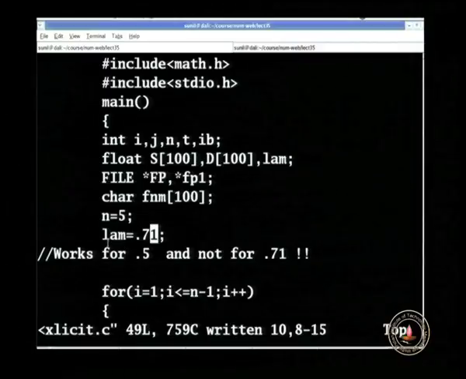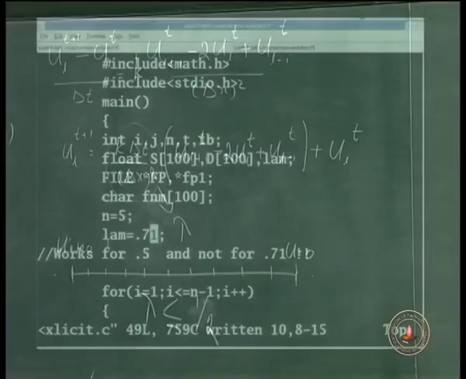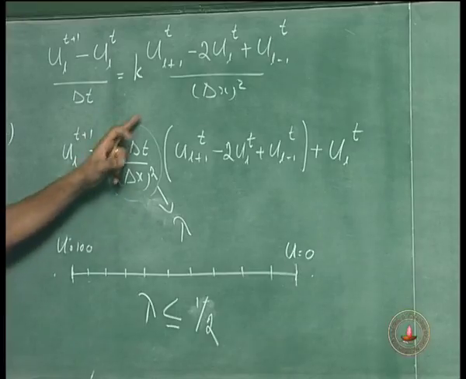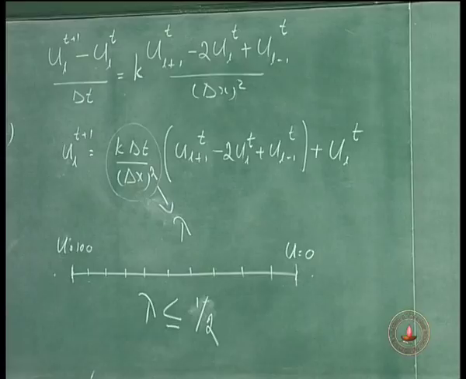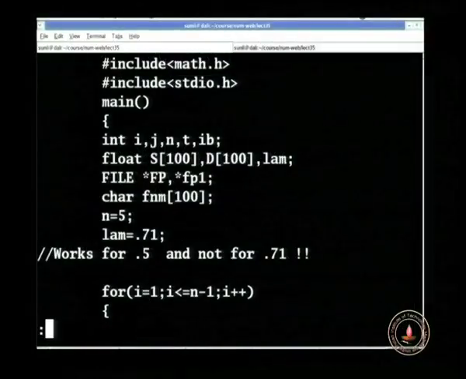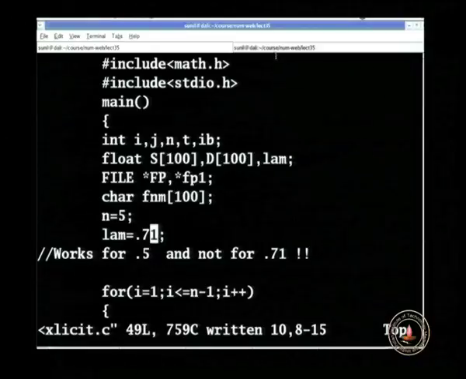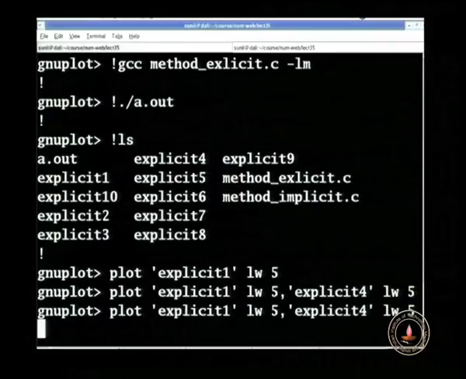So what we have done is we increase lambda, that is, we either increase delta t or decrease delta x to increase our spatial resolution, and that increases lambda. Then we'll try to run this again. So let's see what we get.